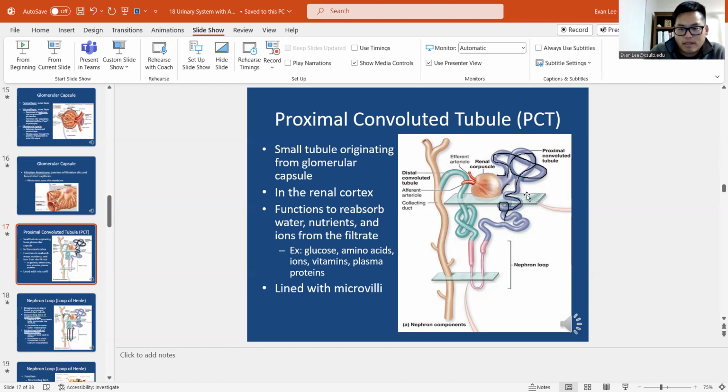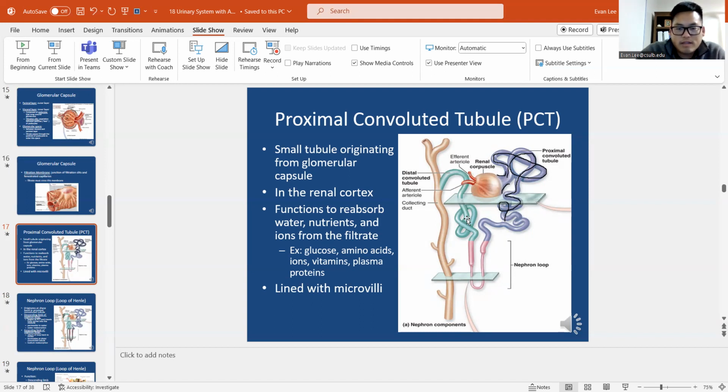So if you look closely, this dark blue one versus this teal one, the dark blue one you can actually see connected right here to the glomerulus, or rather connected to the renal corpuscle or the glomerular capsule. That means that this side is closer to the glomerulus than this side. So this one is the proximal one, while this one, spoiler, is going to be the distal one.